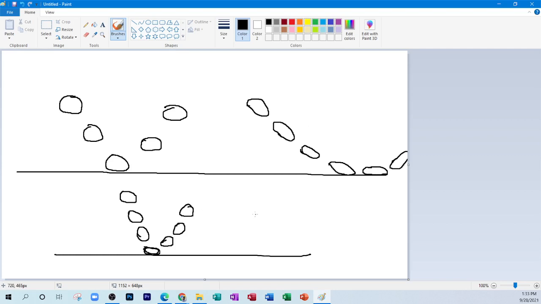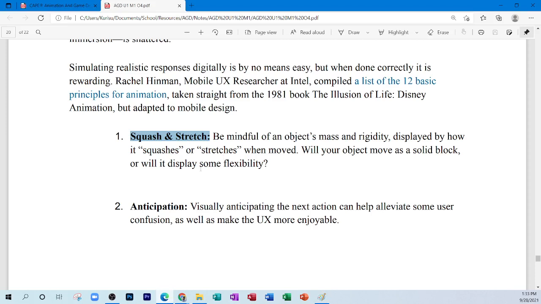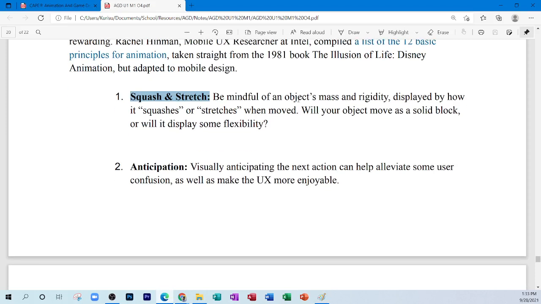So using that method can make your animation a little more realistic, but it all depends on the mass of the object. If it has a lot of mass, then obviously it won't move. But if it's something like a flexible ball, then you have to animate that flexibility.